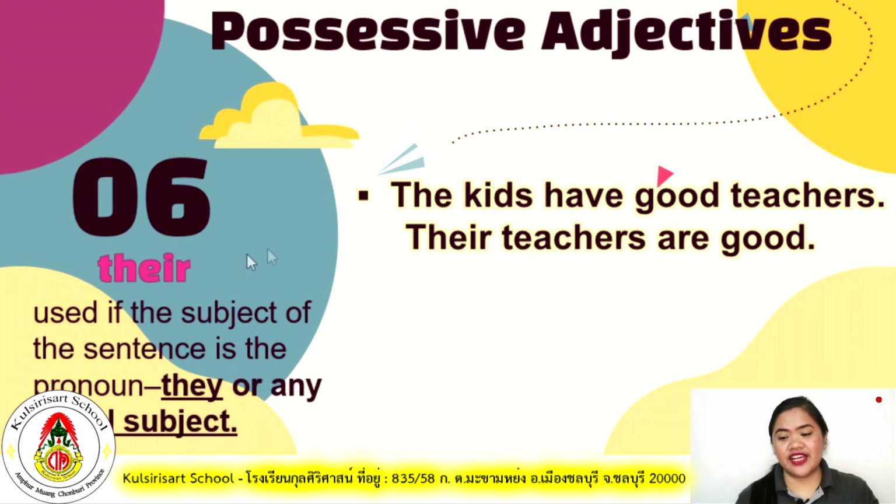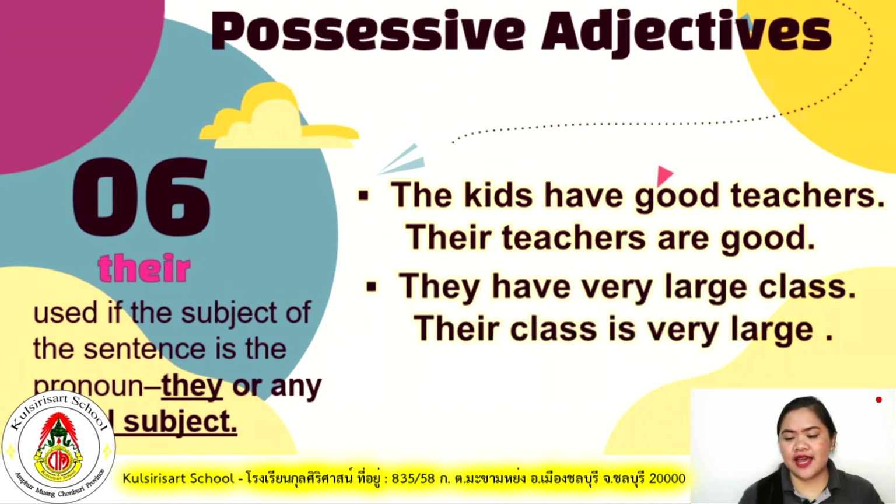The noun there is teachers. So it will become, their teachers are good. As you can see, we have the noun here and the possessive adjective before the noun.